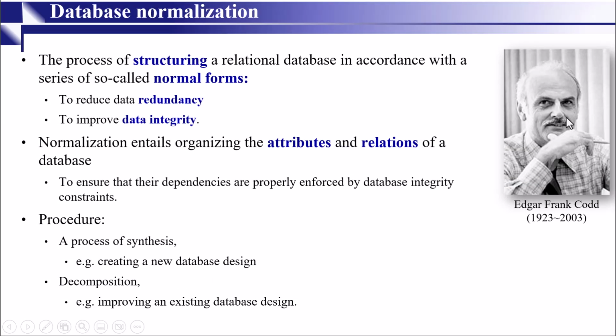So now let's talk about database normalization. Database normalization is considered a cornerstone of relational database design. Normalization can be defined as the process of structuring a relational database in accordance with a series of so-called normal forms, and the objective is to reduce data redundancy and also to improve data integrity.